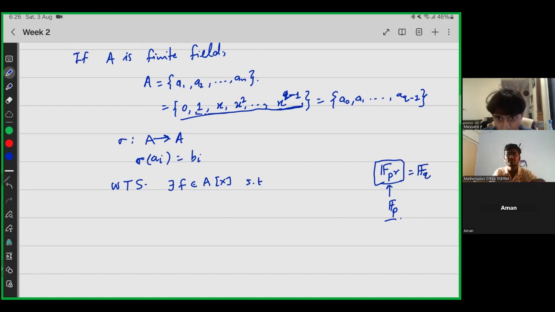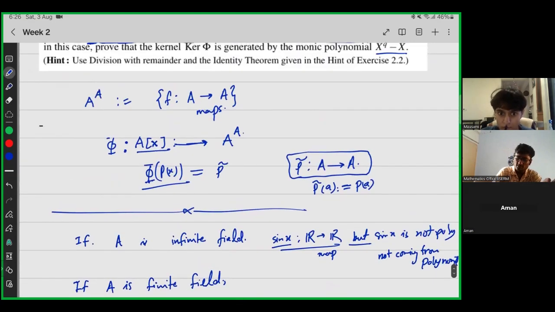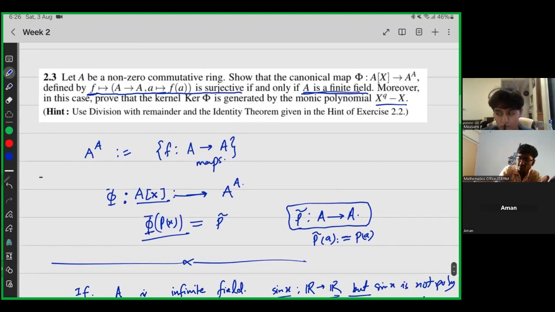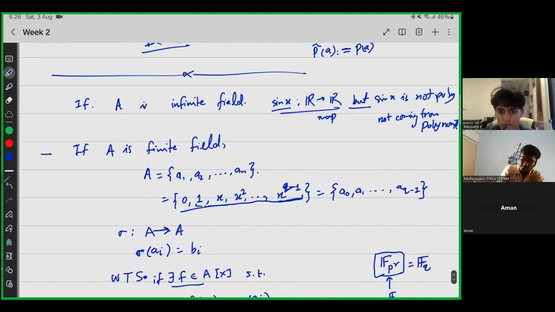It is not a basis; you can say it is a generating set. That's all we want. So we assume now A is a finite field, and we want to show that this map is surjective, meaning any function can be given by a polynomial function.